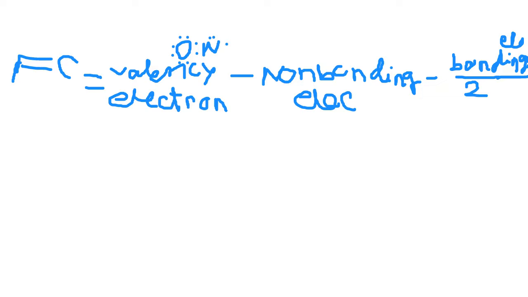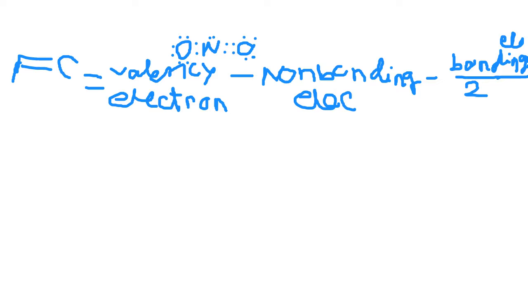Here we have a double bond, so 4. We can calculate both sides, but any way we write and calculate, it's okay. And then we have the other oxygen, so another 4.